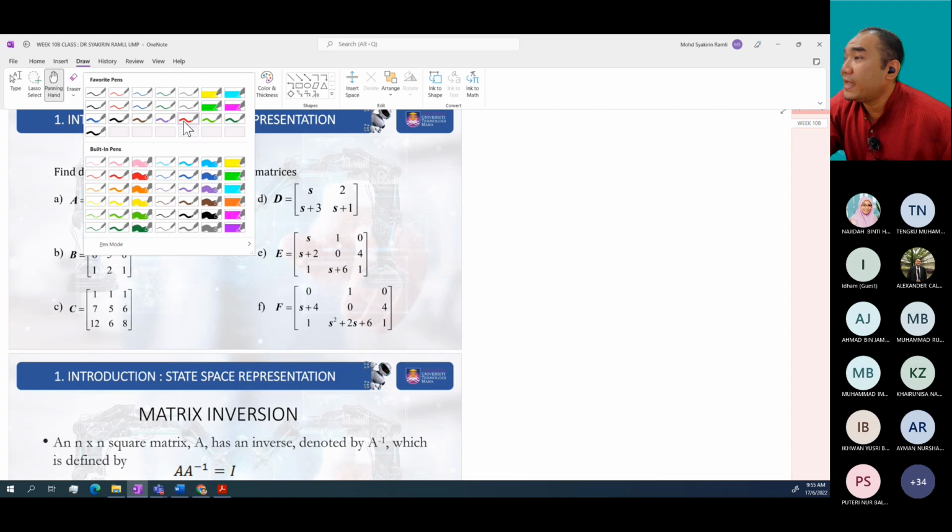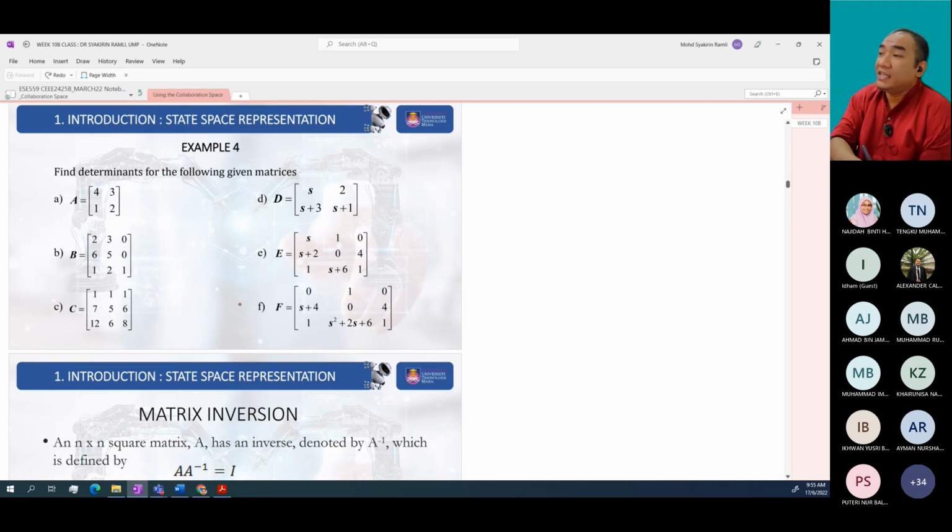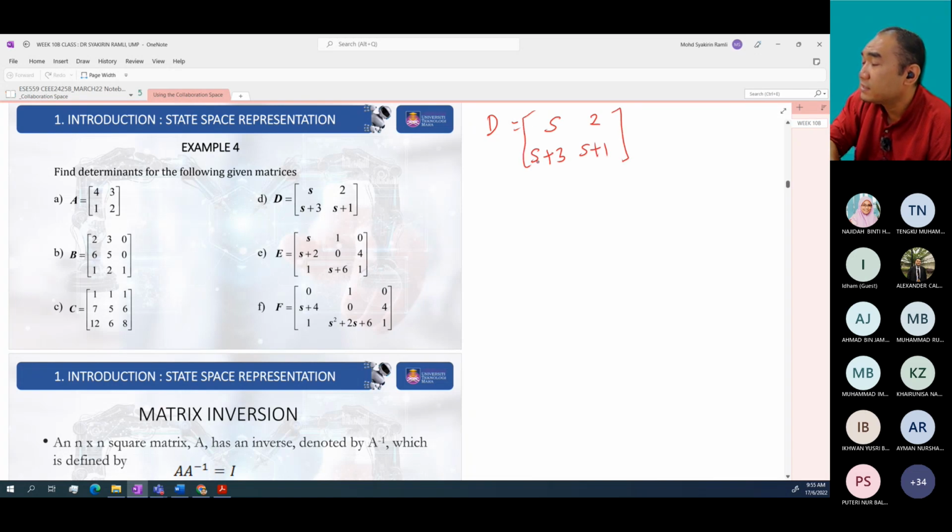Right, let's take a look at the example D here. We have our matrix D equal to S, 2, S plus 3, and S plus 1. And we want to compute the determinant of the matrix D. Since it is a 2 by 2 matrix, the same concept applies even though we have S in our matrix.